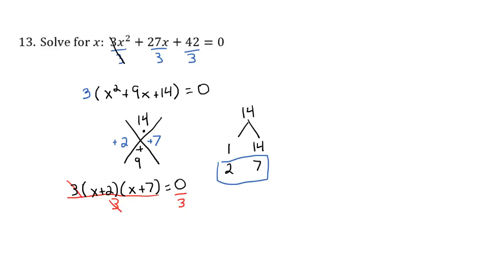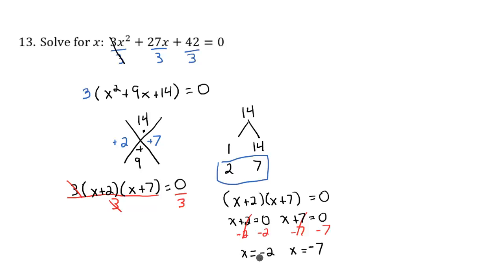So I'm left with x plus 2, and then my other binomial, which is x plus 7, equals 0. I set both of these equal to 0 and solve it, and I'll get my answers. X equals -2 and x equals -7.